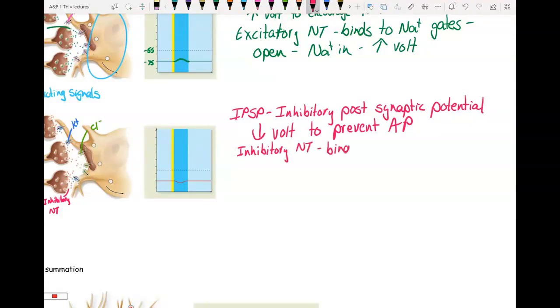This binds to the potassium gates and the chloride gates. When you open the potassium gates, potassium goes out. When you open chloride gates, chloride goes in. Both of these result in reduced voltage.